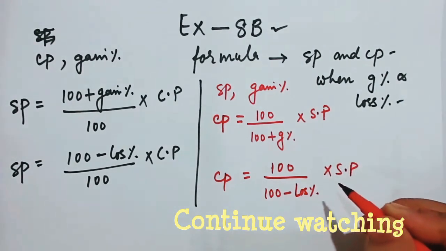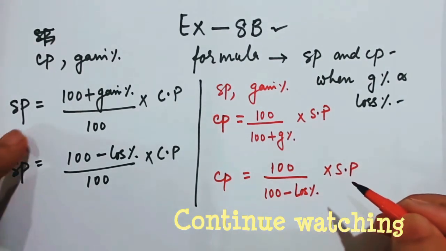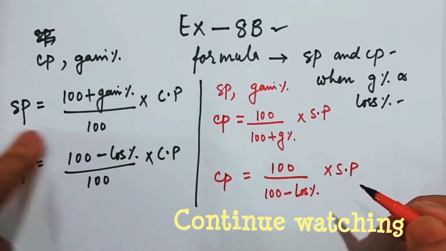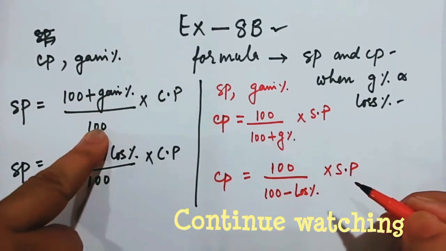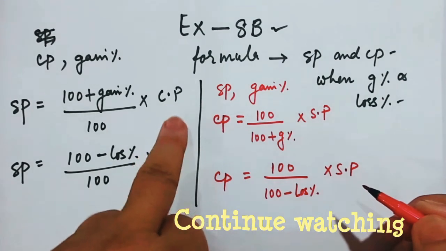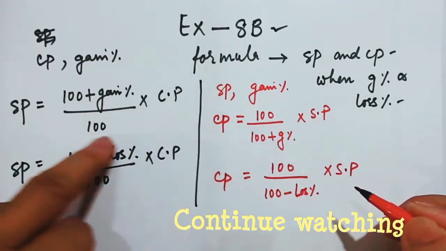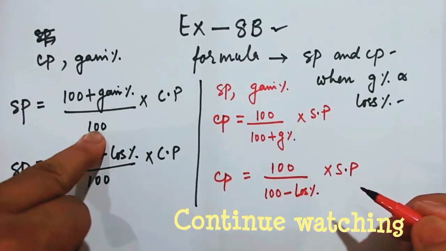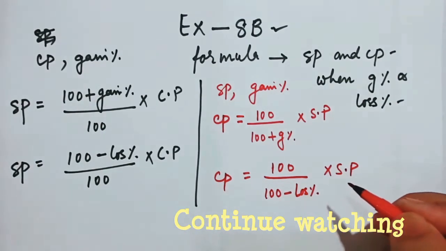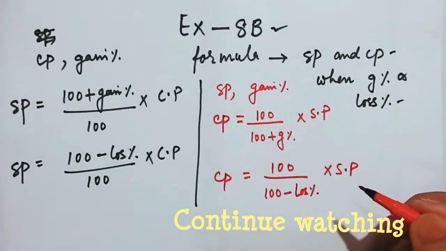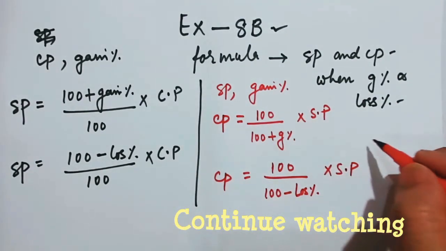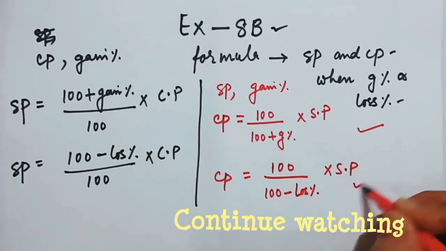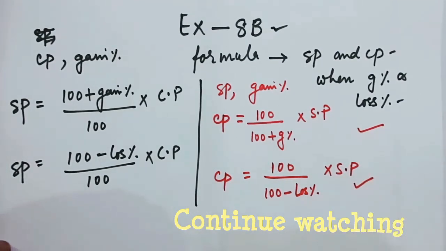So what did we find? We saw that the selling price is equal to (100 plus gain percent) by 100 into cost price, and for the cost price just change this one, meaning the denominator will become the numerator: 100 by (100 plus gain percent) into selling price, and we shall be exclusively using these two formulas.